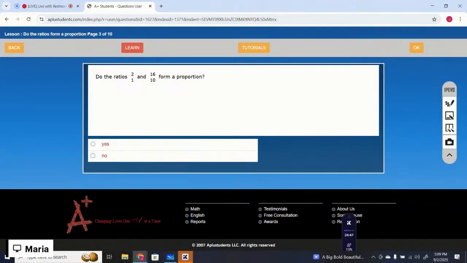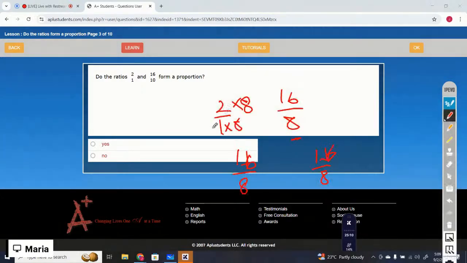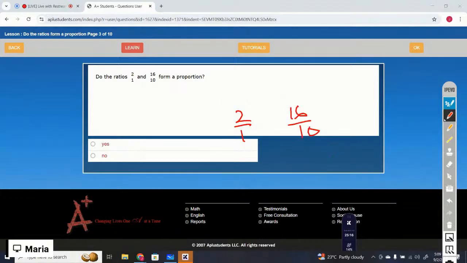Do the ratios 2 by 1 and 16 by 10 form a proportion? 2 by 1 and 16 by 10.